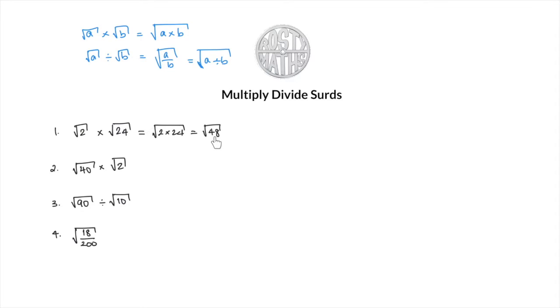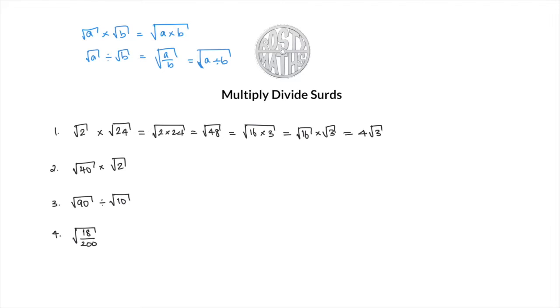This is not in its simplest form, because you can still get square factors in here. What's the biggest square factor of 48? Well, it is 16, because 16 times 3 gives me 48. Now I can separate it back out and say the square root of 16 times the square root of 3, and so the answer to this is 4 root 3. And just like that, this is finished.